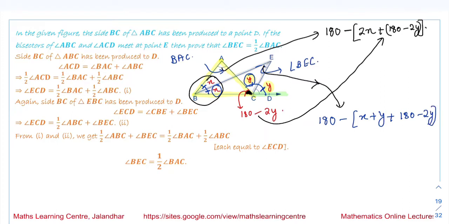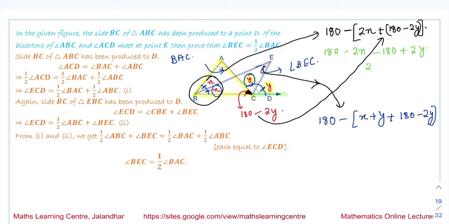So if we solve these two equations, on solving the first one, we will get 180 minus 2x minus 180 plus 2y.